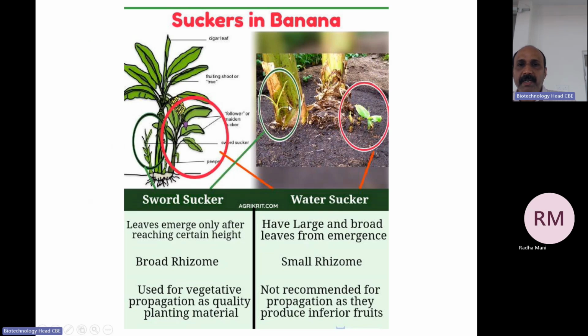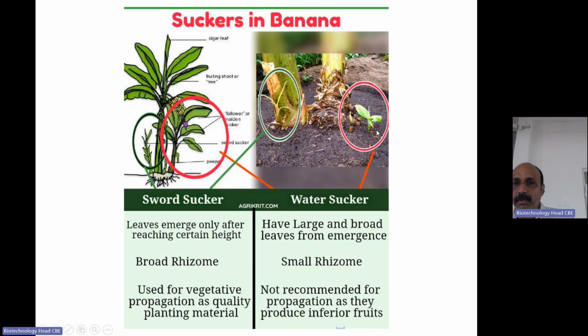So, the suckers in banana. Mostly, this will be the sword sucker. Whatever we get, we need to select this type of sword suckers, not the water suckers, right? The water suckers have large and broad leaves right from the emergence. Immediately after germination, they will have broad or expanded leaves, and also very small rhizomes. They are not recommended, as they produce inferior fruits.